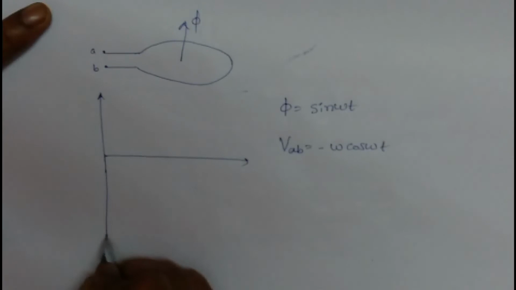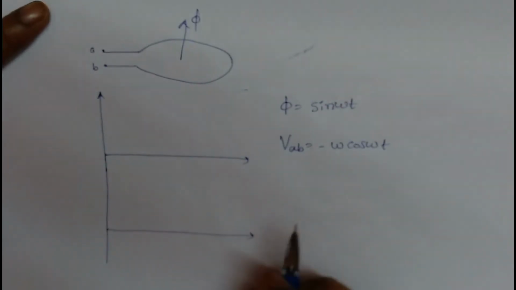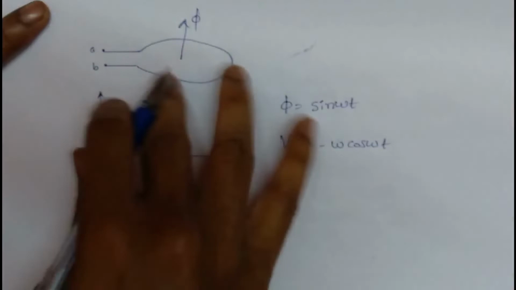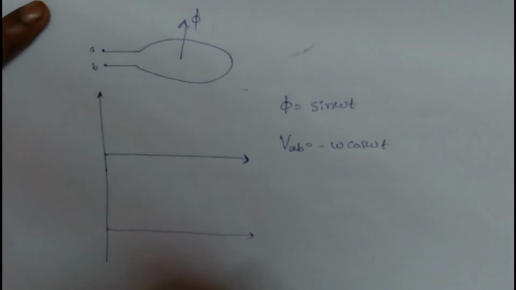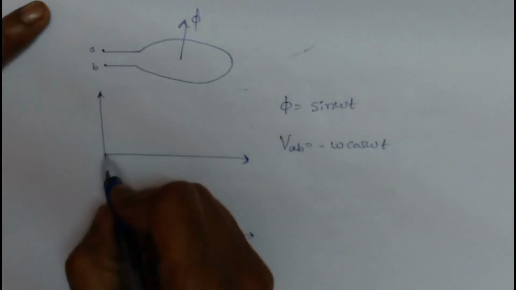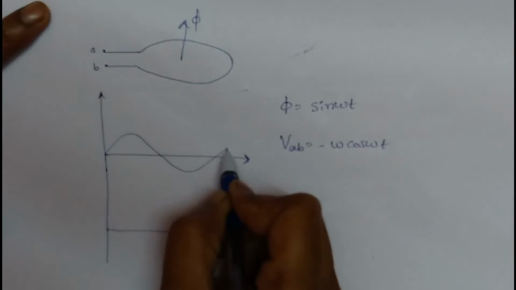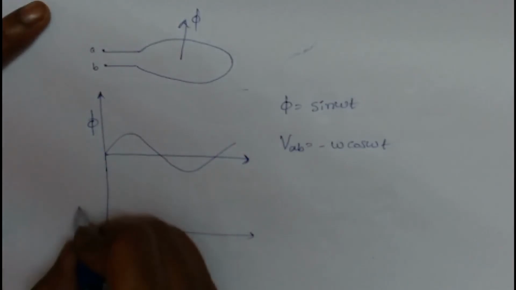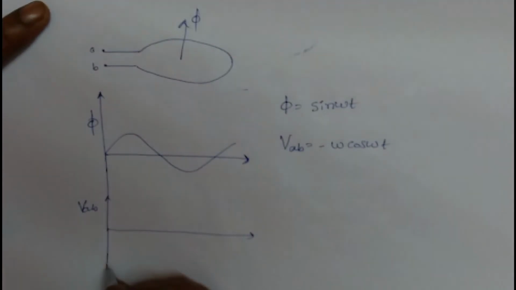Let's understand whether what we have discussed is actually happening as we discussed. Let's say we have phi as sine omega t. Now VAB will be minus omega cos omega t.